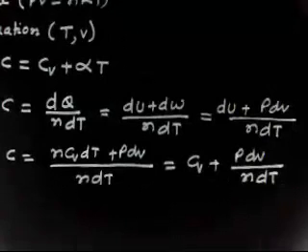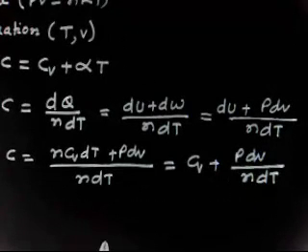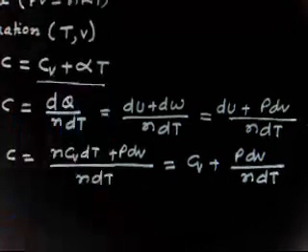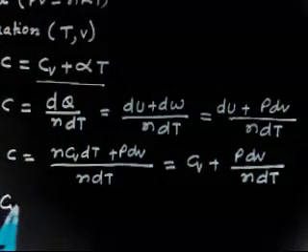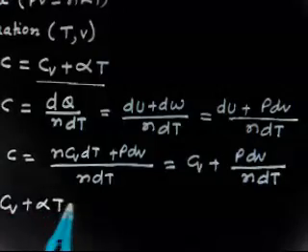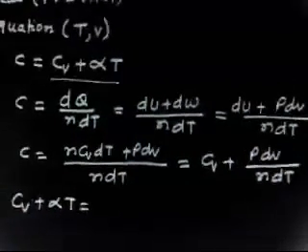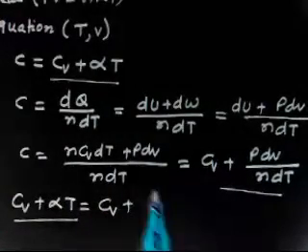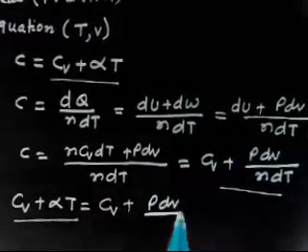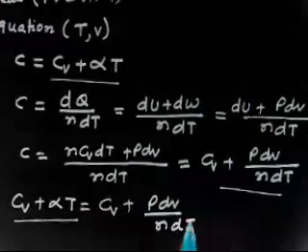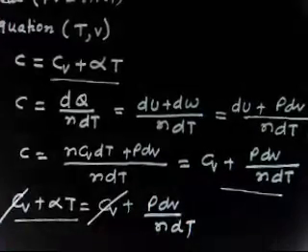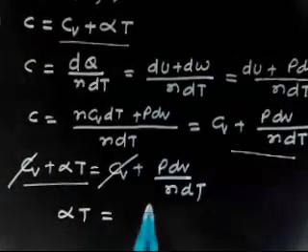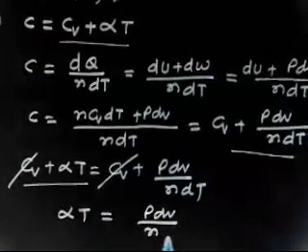Are you getting? Now let us equate this C with the given C. So given C is Cv plus alpha T. So Cv plus alpha T equals Cv plus PdV divided by n into dT. Now Cv goes, so I will have alpha T equals PdV by n dT.